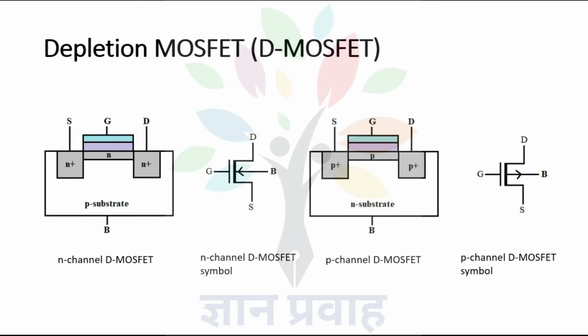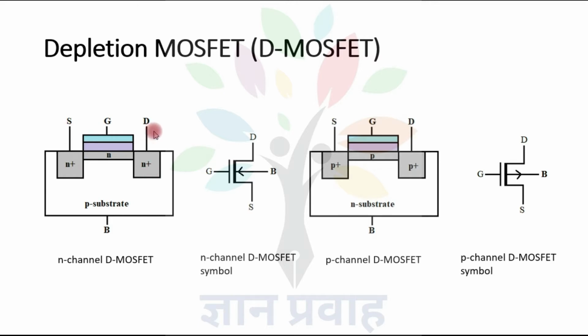Depletion MOSFET. The structures of depletion MOSFETs are given here for N-channel and P-channel MOSFETs. So in case of N-channel D MOSFET, the substrate material is P-type, the channel is already present, and here the channel material is N-type material. That's why it is called N-channel.